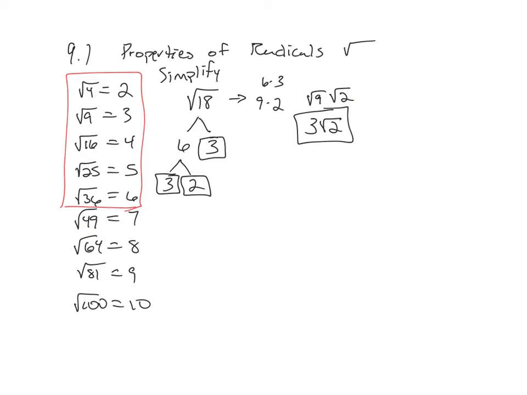Sometimes when I break a number apart, I can still see that's a 6, but it also helps the numbers that I need to use at the end of the problem stand out a little bit more. So 3, 3, and 2. And so what I look for are pairs. Okay, I have a pair of 3's, so I write a 3. I don't do 3 times 3, I just write a 3 because I have a pair of 3's. And then I have a 2 left over, and whatever's left over goes on the inside of the square root.